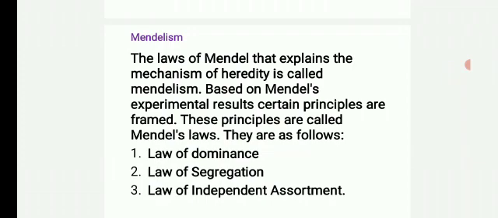These principles are called Mendel's laws. They are as follows. Number 1, law of dominance. Number 2, law of segregation or first law of Mendel. Number 3, law of independent assortment.